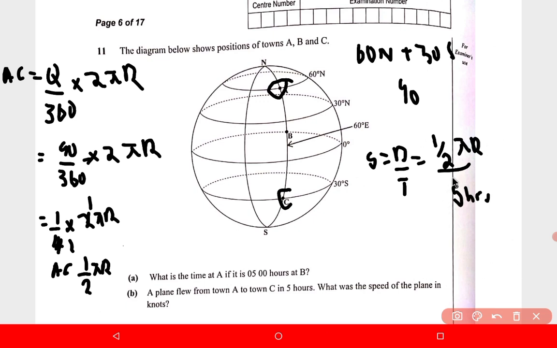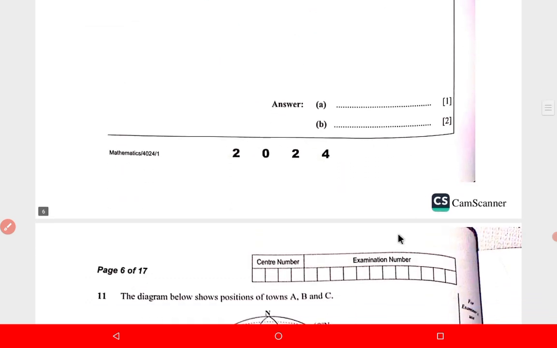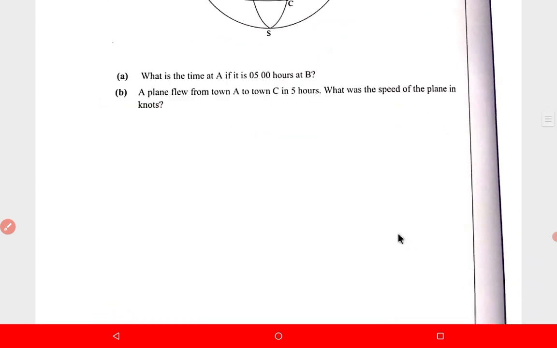So here we're going to say your speed is equal to 1 over 10 pi r. We are not given much information. These questions are mostly given to waste your time in the exam. So I would leave it just like this. Okay, we've answered this.